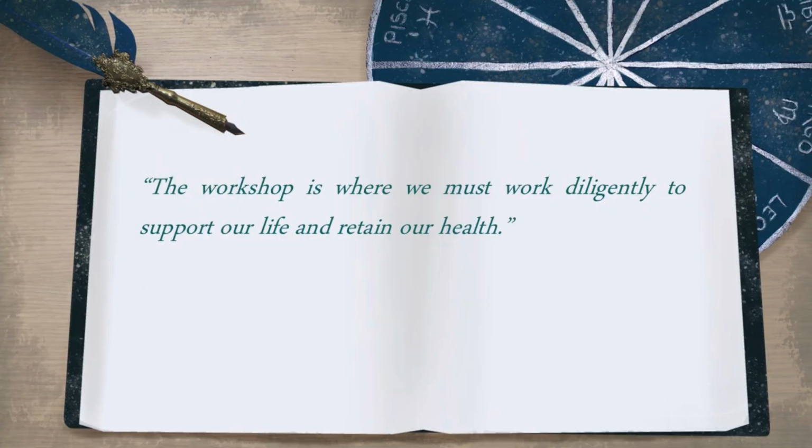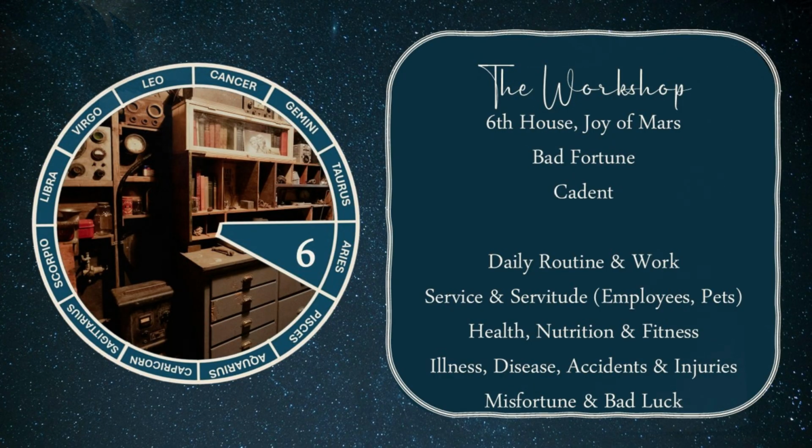The workshop is where we must work diligently to support our life and retain our health. The sixth house, another weak and cadent house, is called bad fortune, for here Mars finds his joy. Here misfortune and bad luck may be found, and in any case, we must turn away from play and get to work.